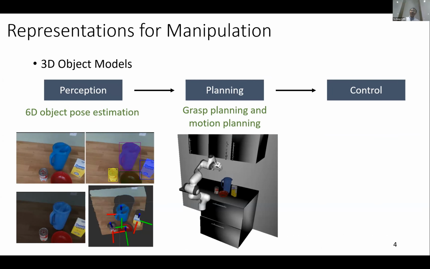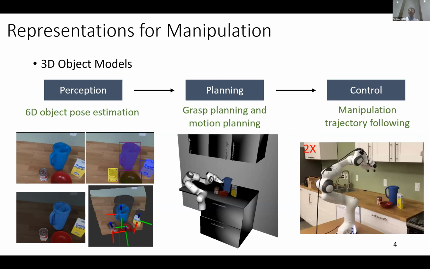In this example, the algorithm will plan a trajectory of the robot arm to reach one of the objects. Given the motion plan, we can control the robot to follow it and eventually grasp the picture vase in this example. So you can see in this traditional pipeline, the representation is the 3D object model.